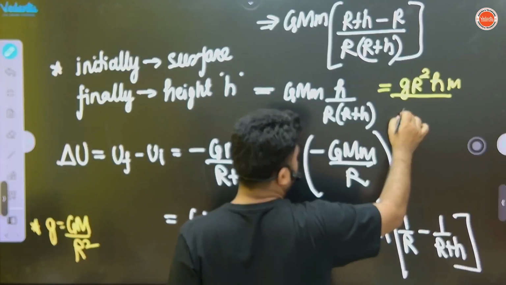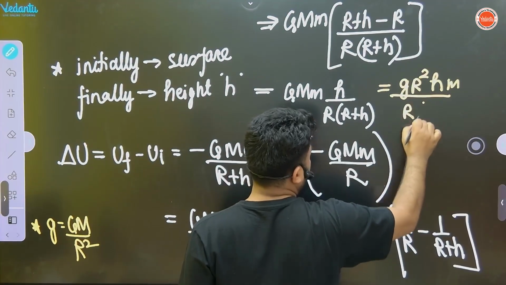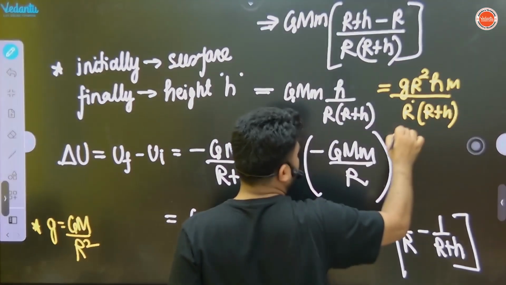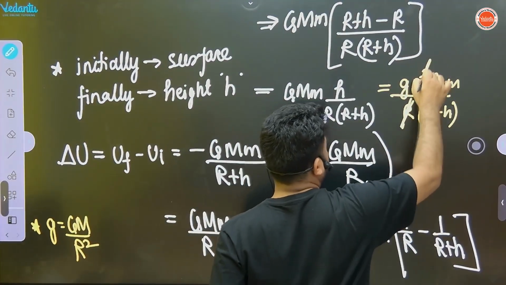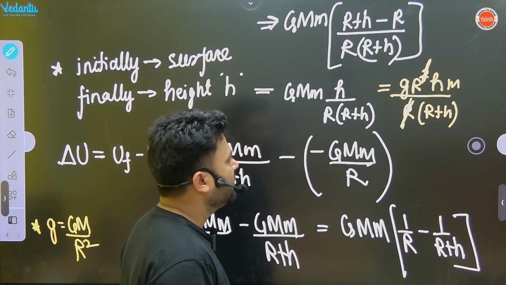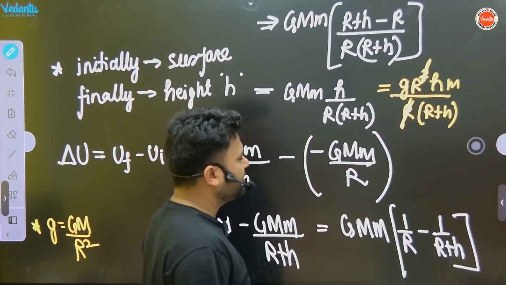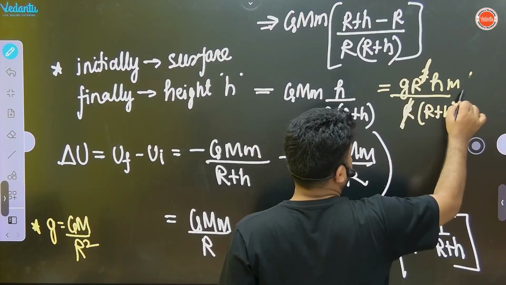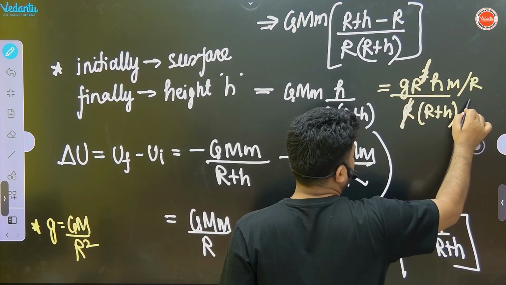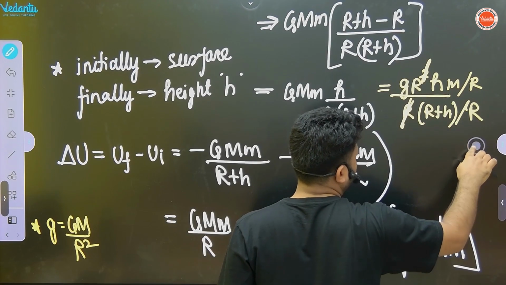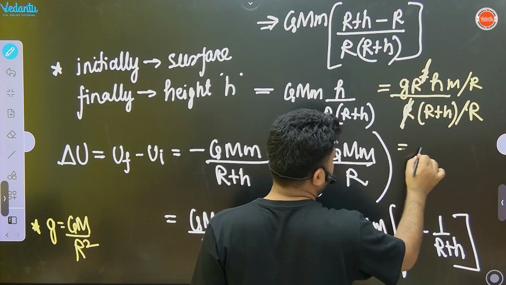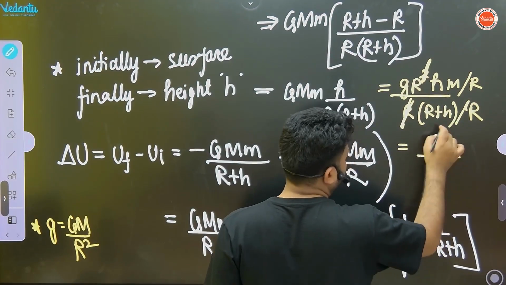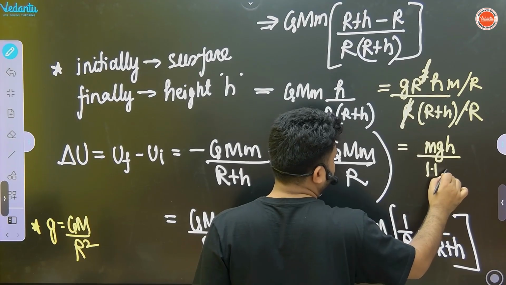Here we have R plus H. So this R and this square is going to be cancelled. So this is mgH, and I divide R in numerator and denominator. So it is going to become mgH by R into 1 plus H by R.